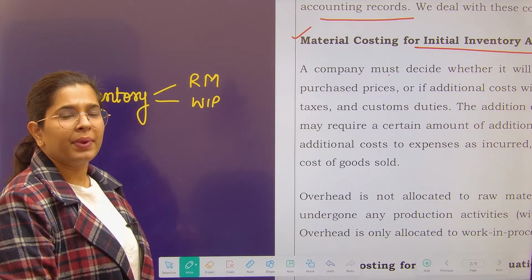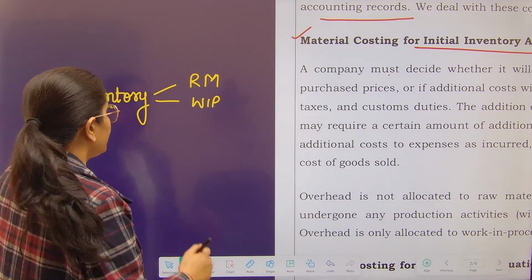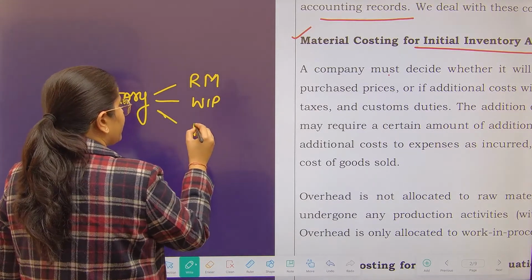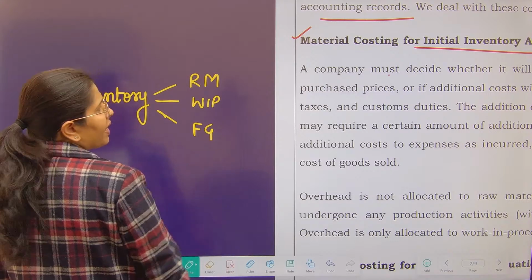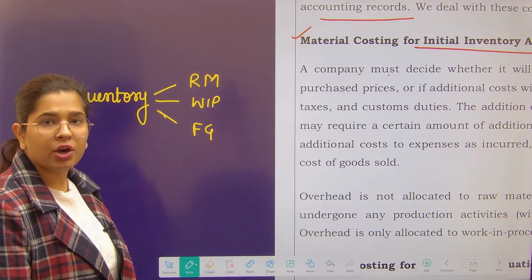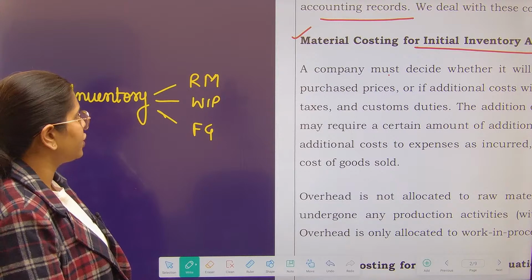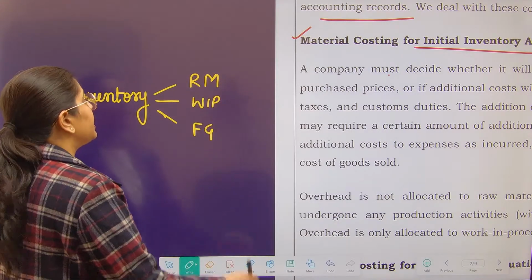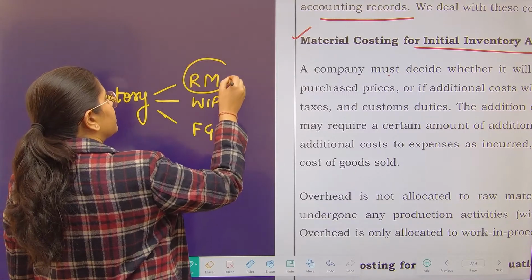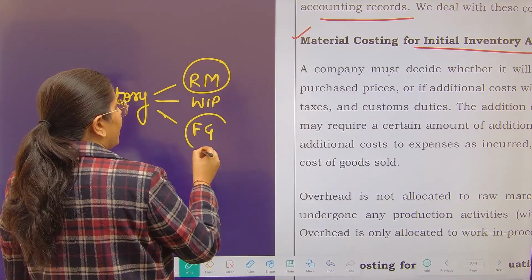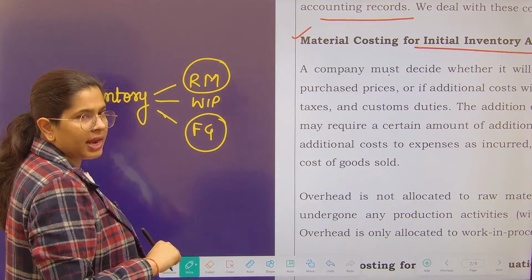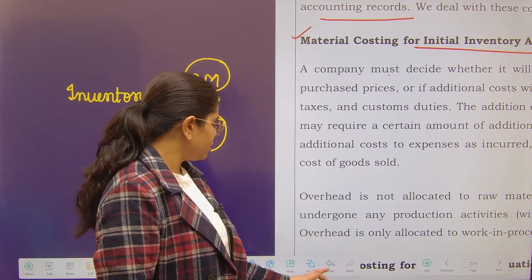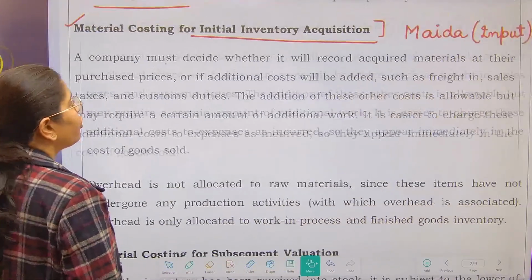This is the in-between stage of production, and the last one is finished goods. So when I am talking about the initial recognition or the initial valuation, at that time I want to talk about raw material, because this is my initial stage and finished goods is the end stage, right? So let's see what we have to do over here.